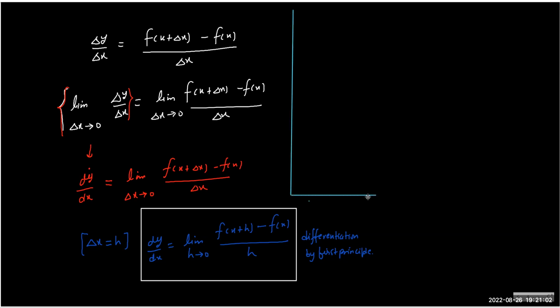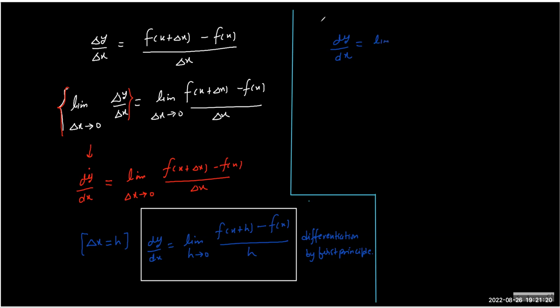So those who have already finished this part in maths, you know that this is the mathematical way of writing. To find the dy by dx of any function, you have to use this technique.